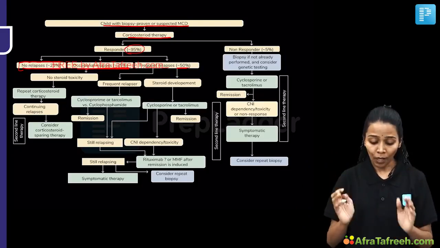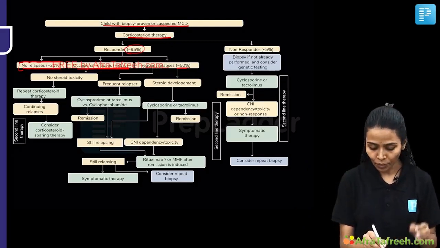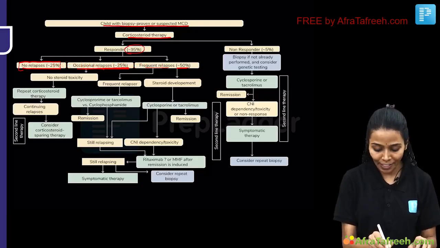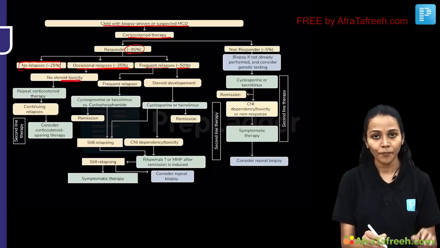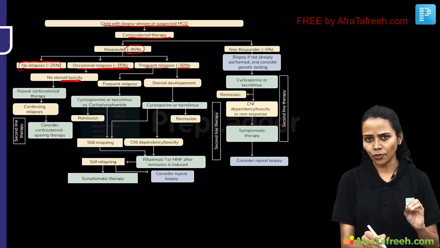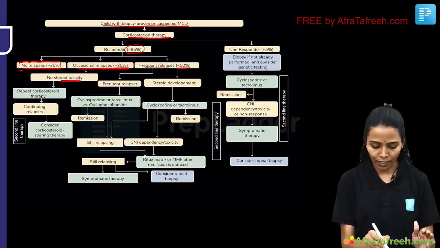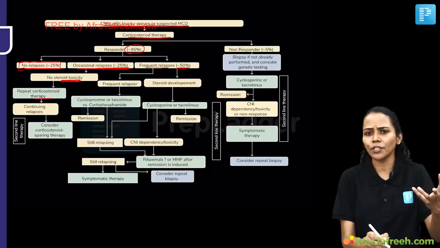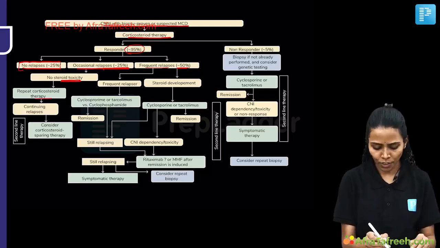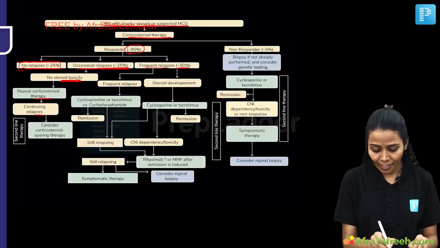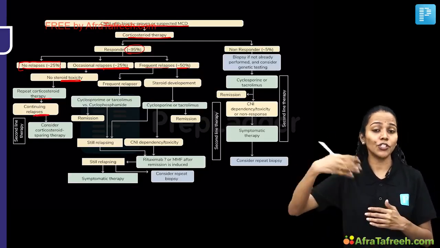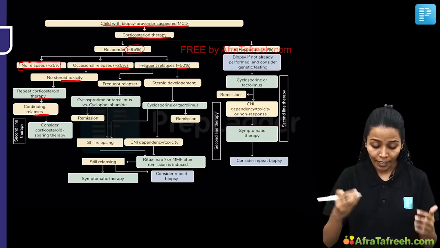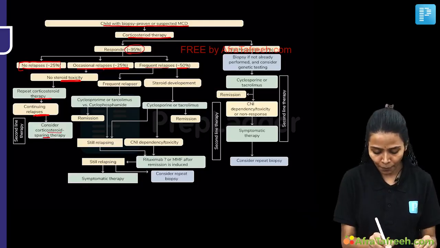Okay. Now if they are not relapsing, there's nothing to do. If they're infrequently relapsing, you see if there is any sign of steroid toxicity. If there is no sign of steroid toxicity, then go ahead with steroid therapy, because you know that they have responded to steroid, you give them another course of steroid. Even then, if there are continuing relapses, that is they switch to the frequently relapsing type, then consider corticosteroid sparing therapy.